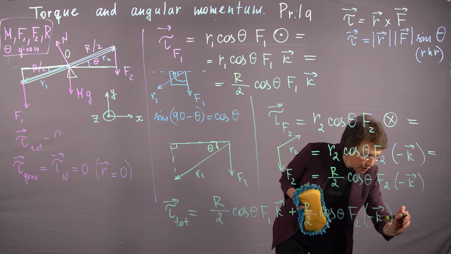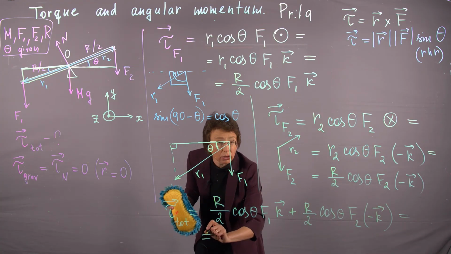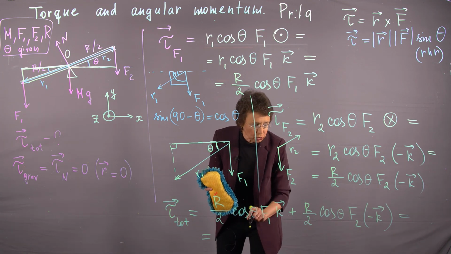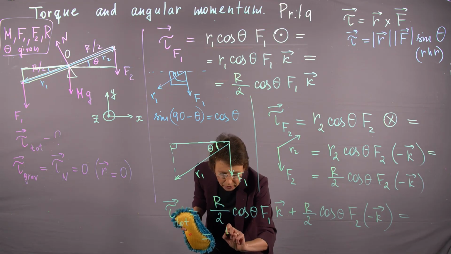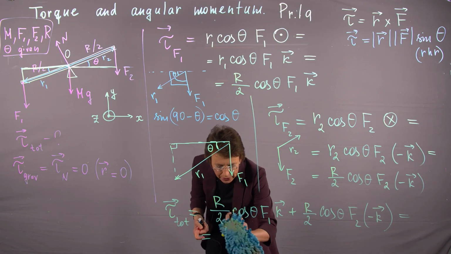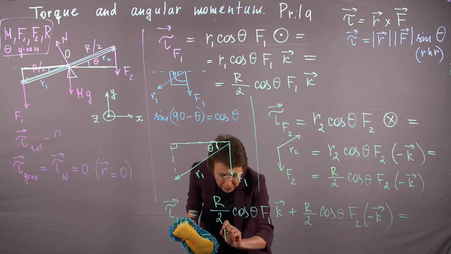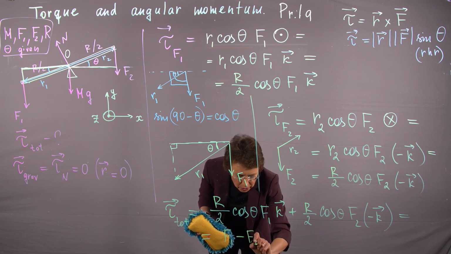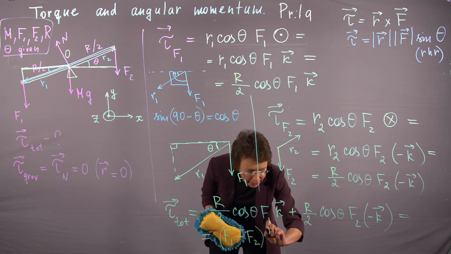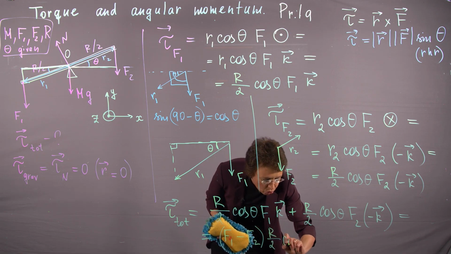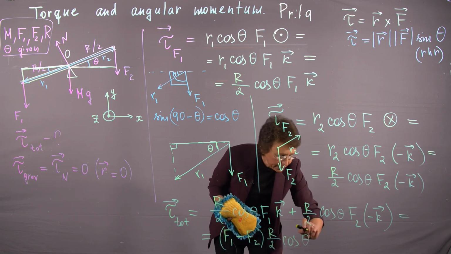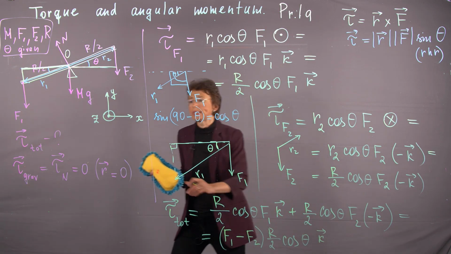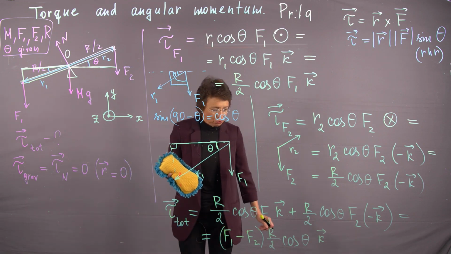We add them as vectors. If I factor out R over 2 and cosine theta, it will be F1 minus F2 times R over 2 cosine theta, and it is out of the board, or in the positive z direction with my choice of coordinate system.